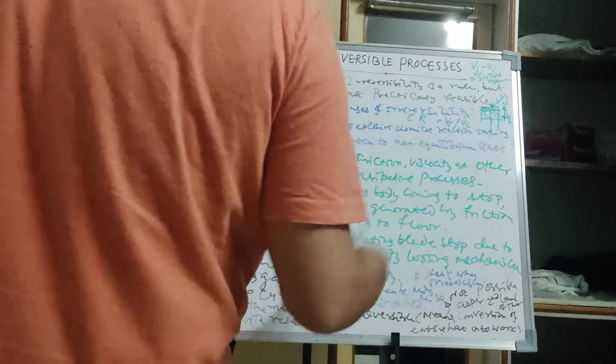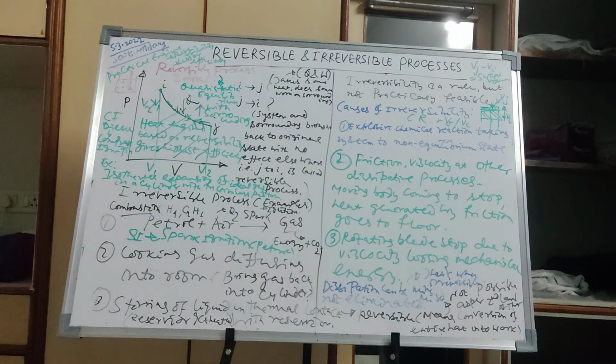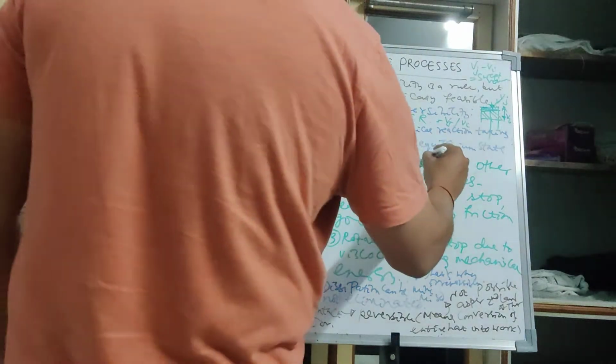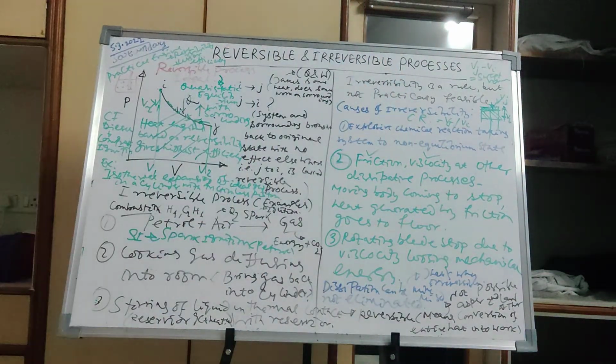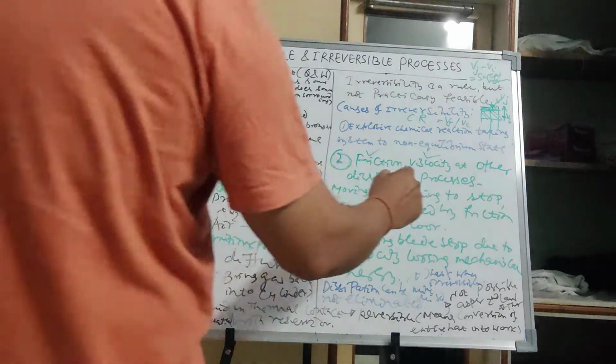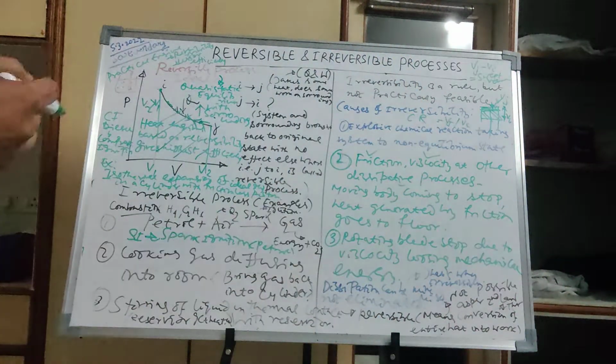Then what are the other things present in nature? One is friction, another is viscosity. These are all dissipative processes. A moving body coming to a stop, with heat generated by friction going to the floor.